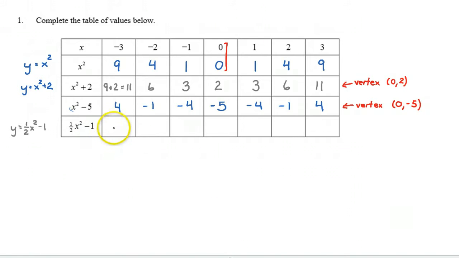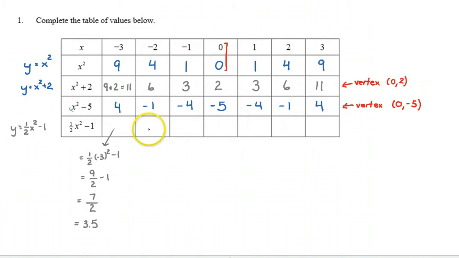We get 1 over 2 times negative 3 squared minus 1, which gives me 9 over 2 minus 1, and 9 over 2 minus 1 is going to be 7 over 2, which we can write as 3.5, and that might be helpful when we go and graph this later on.